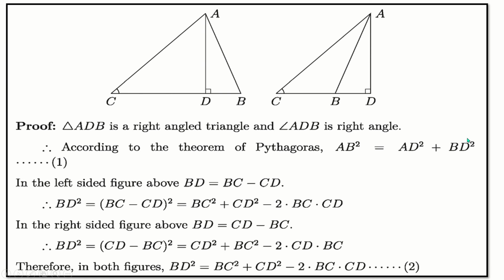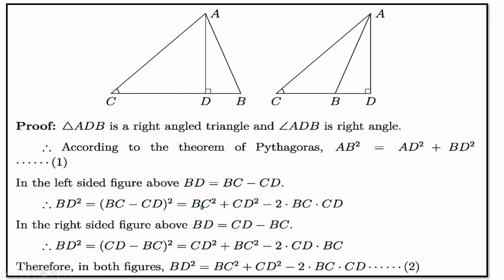Here BD square is given, so BD is equal to BC minus CD, and now putting the value of BD we will get BC minus CD whole square, that means B square plus C square minus 2BC. One is B and another one is C, or one is A and another one is B, that means A minus B whole square.